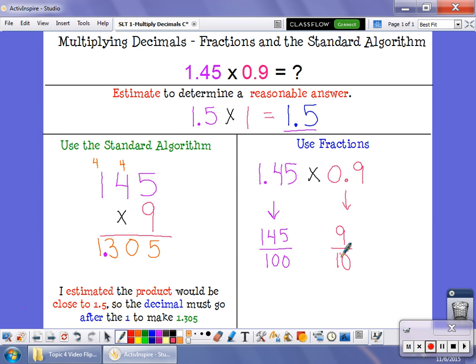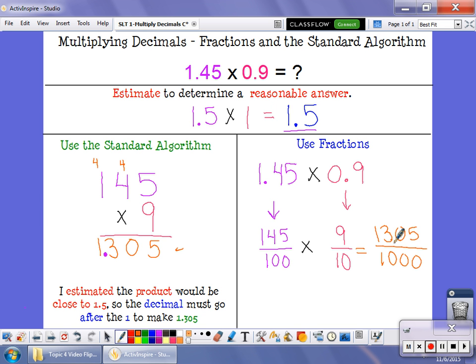Now what I want to do is multiply 145 hundredths times 9/10. When I do that, 145 times 9, I know from over here, was 1,305. Now if I do 100 times 10, that gives me 1,000.